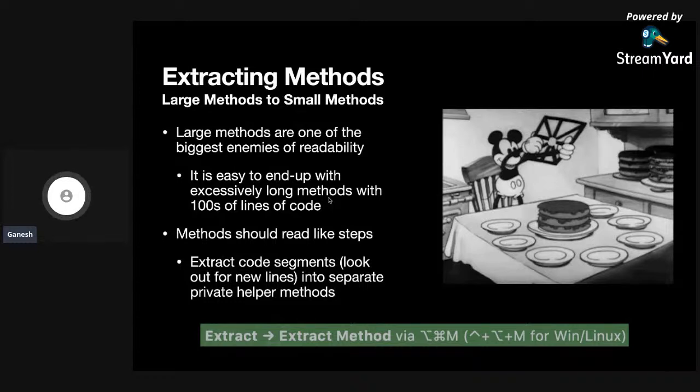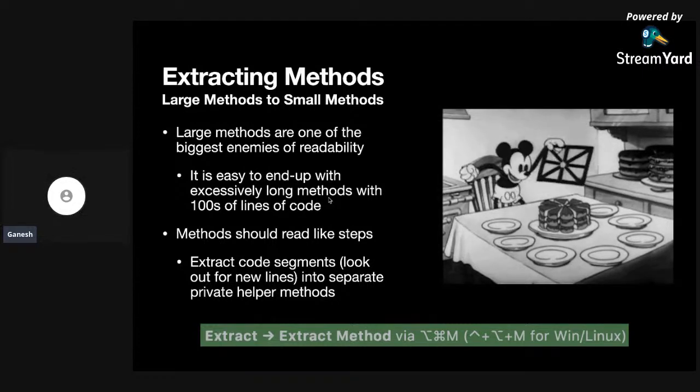So we should be able to extract code segments from the existing methods. One interesting tip is to look at the new lines or white spaces, the block separators. Each of those block separators indicates that there's logically a method that could be extracted.